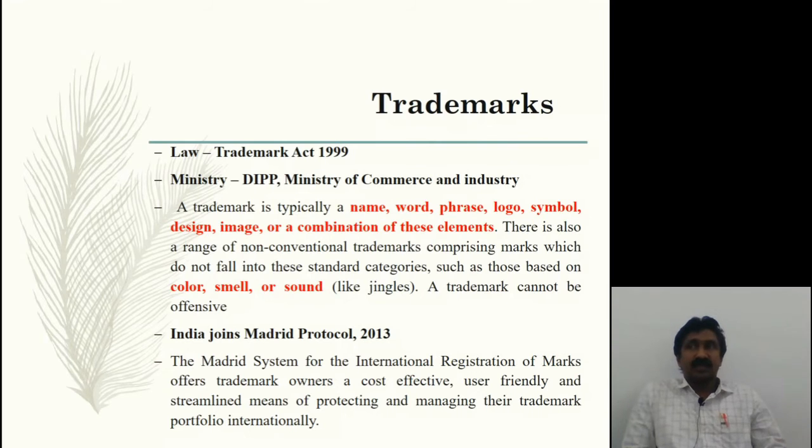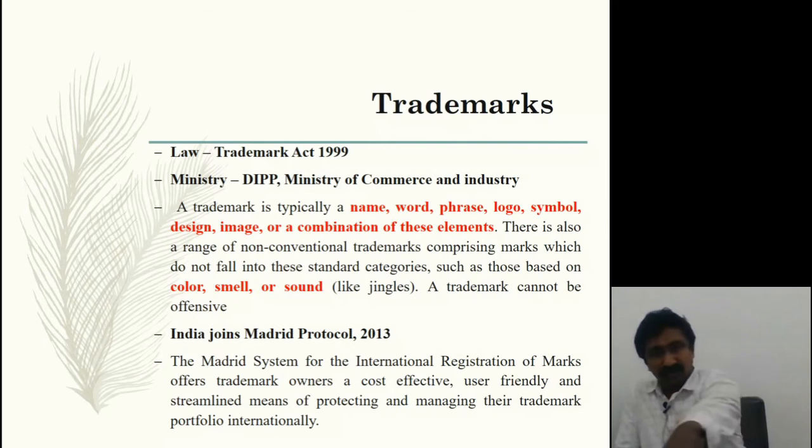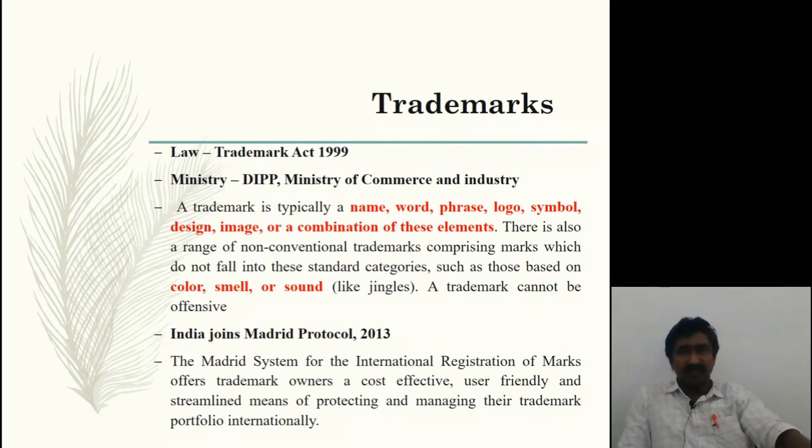It provides a cost-effective and user-friendly means for protecting your brand, your logo, or your brand name internationally.